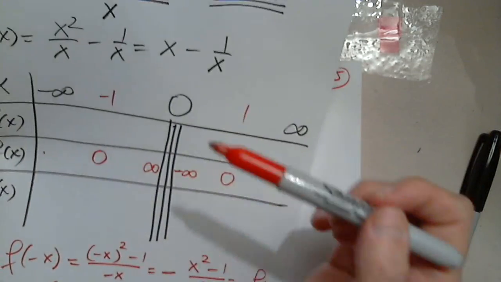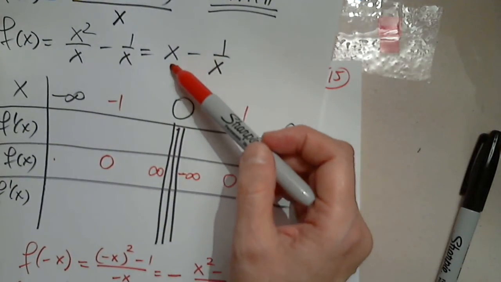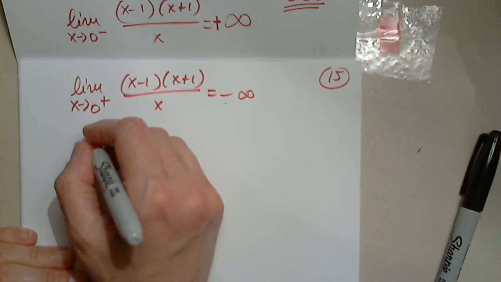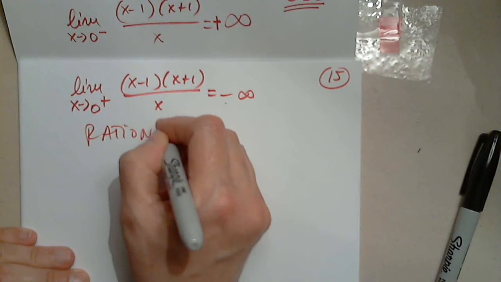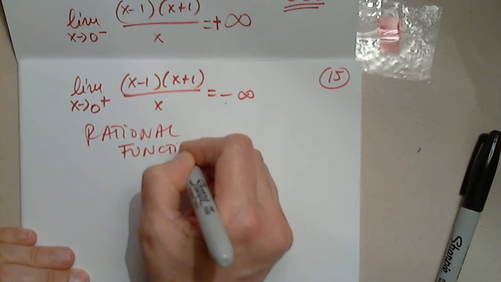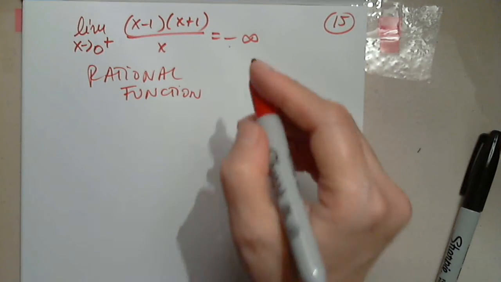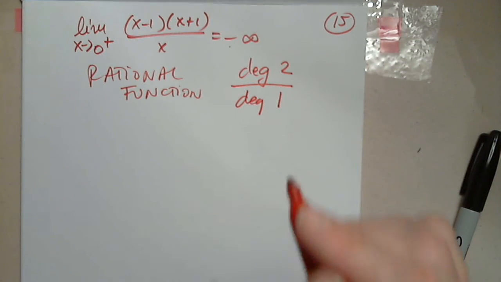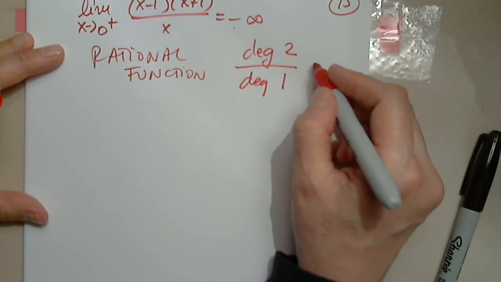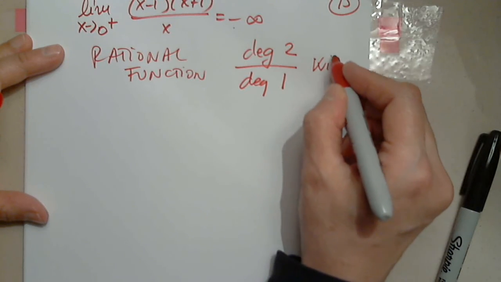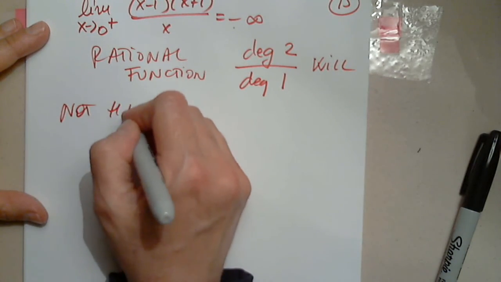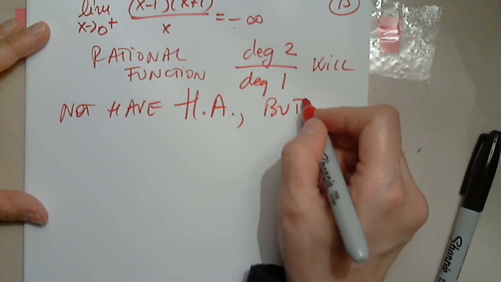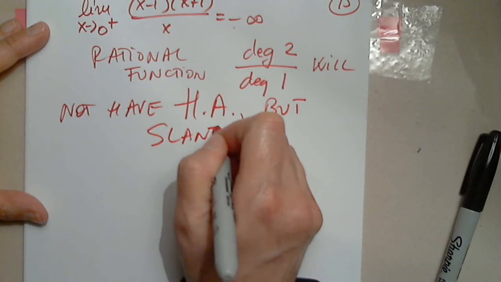Now the limits at infinity, I'm going to use the fact that, and I'm just going to explain that right now. This rational function has degree 2 in the numerator and degree 1 in the denominator. This function will not have a horizontal asymptote, but a slant asymptote.